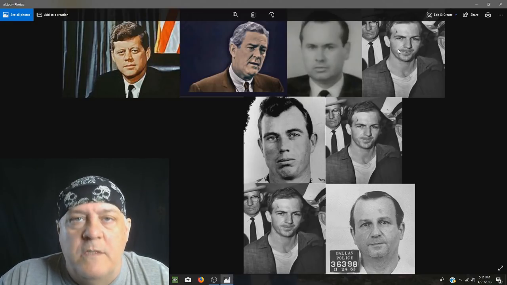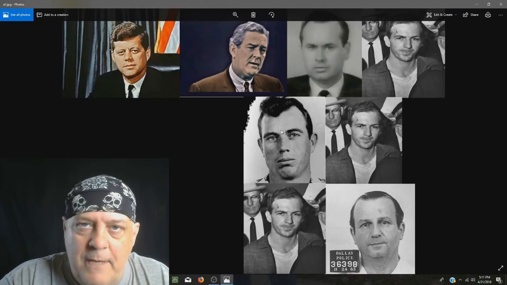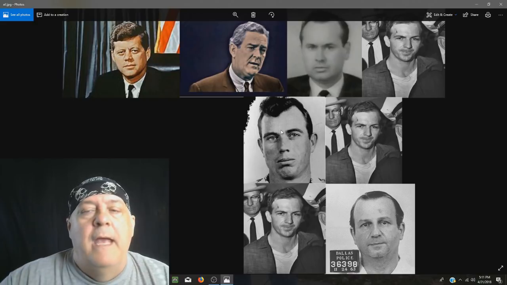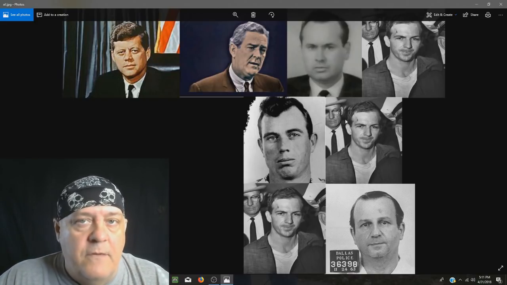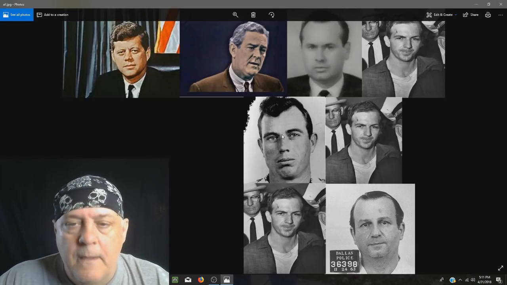And Oswald was there because Oswald worked at the Texas School Book Depository. He took two shots at JFK, but Oswald left. Now, Officer Tippit was not killed in Dealey Plaza. He was killed in a different location, at a different time, and Oswald was the one that killed him.